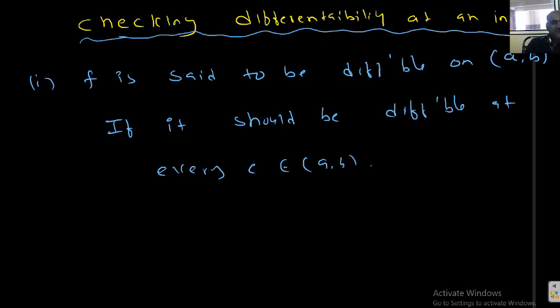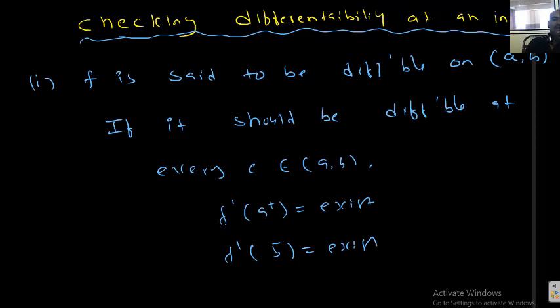One thing, and f dash of a plus should exist and f dash of b minus should exist. What is the meaning of this? RHD at x equal to a should exist and LHD at x equal to b should exist. That also I will write.